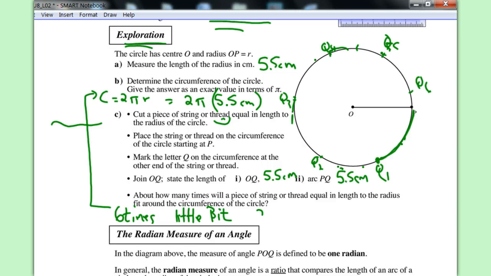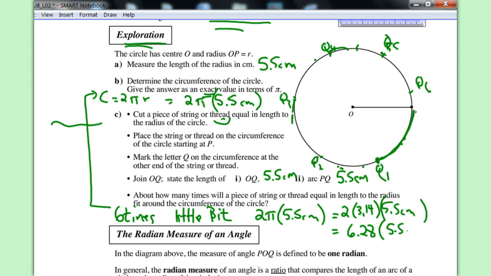When you think about what 2 pi is, the exact value up here, 2 pi times that 5.5 centimeters, well, 2 pi is really 2 times 3.14, so it makes perfect sense. How many little 5.5 centimeter strings are there? Well, there are 6.28 strings, or radiuses, that it takes as you go around the circle, right?